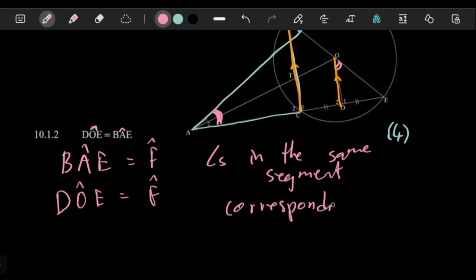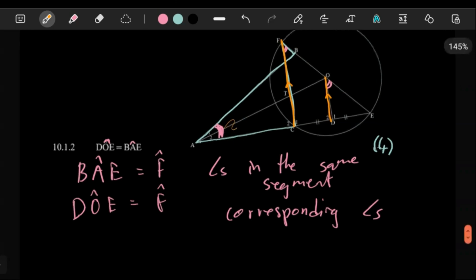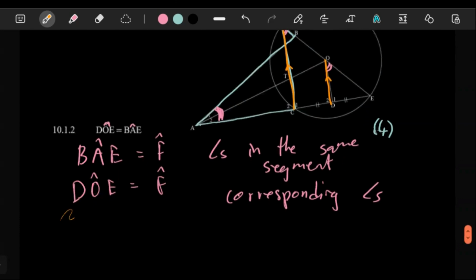Corresponding angles. You see? You have shown that the two angles that you're supposed to show are equal. You have shown that they're equal to one thing specifically, which is the way to show that two angles are equal. Don't focus too much on things that are too crazy, like similarity, that gets a bit crazy. Here all we had to do was find something equal to this on its own, find something equal to this on its own, and then you will normally see that they are equal to the same thing.